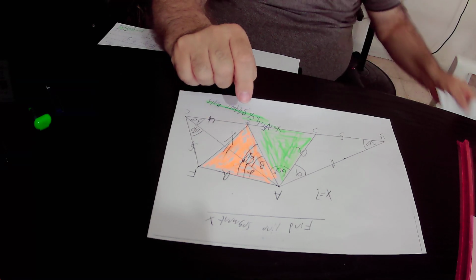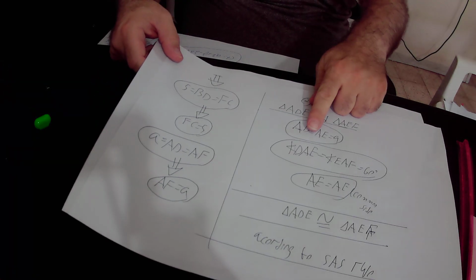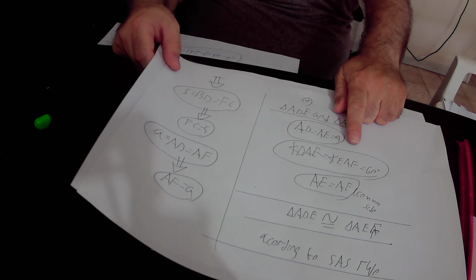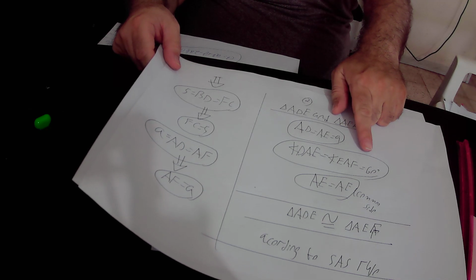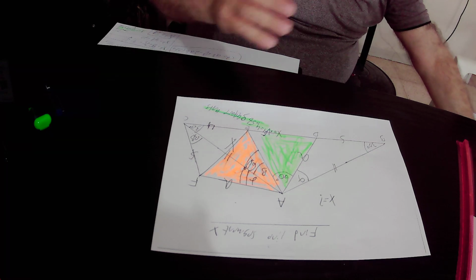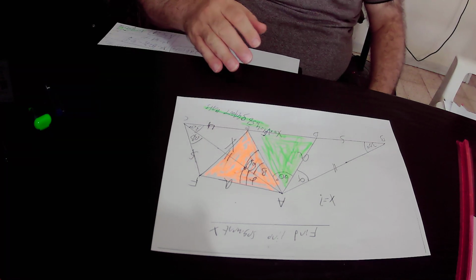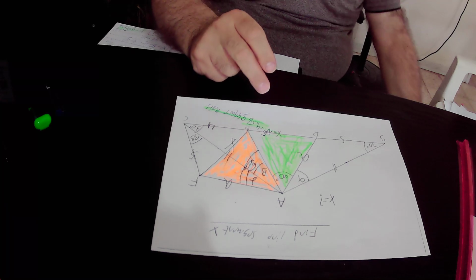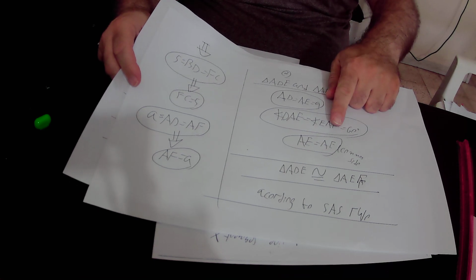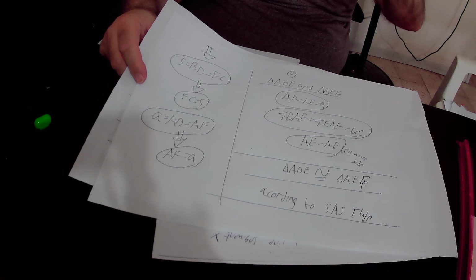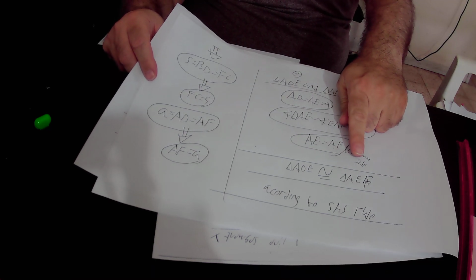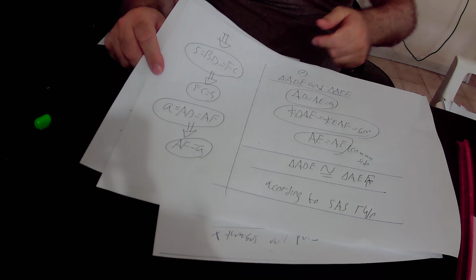So angle DAE in the green triangle is equal to angle EAF in the orange triangle, they are both equal to 60 degrees. And finally, side AE equals itself. It is a common side that belongs to both triangles. So we actually proved that the green triangle ADE can go into the orange triangle AEF according to the side angle side rule.